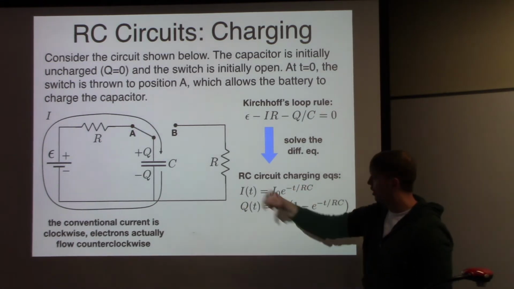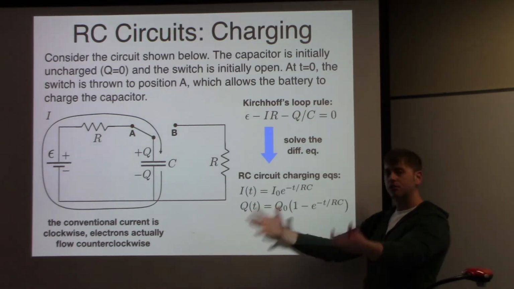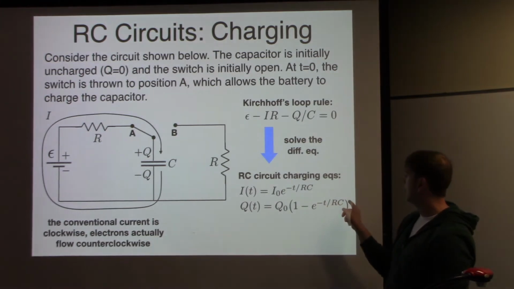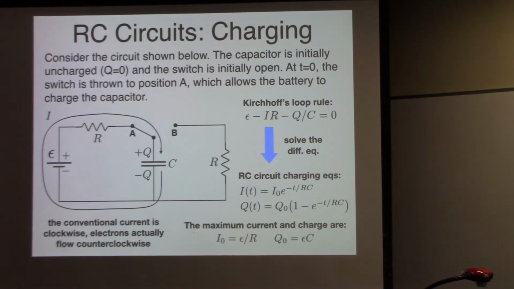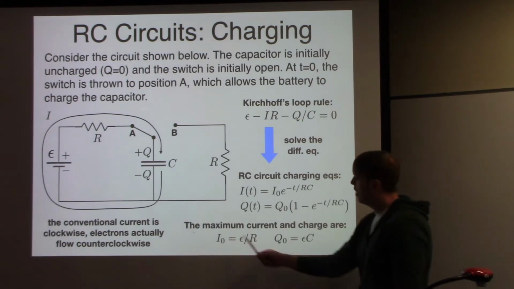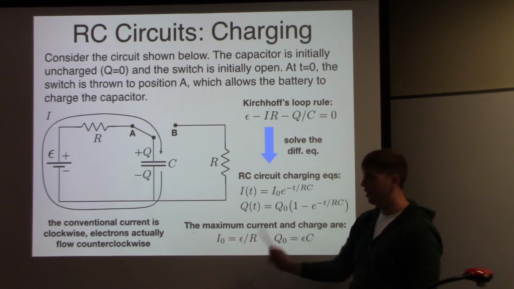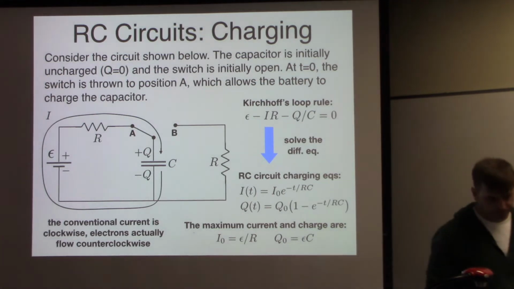Your charge on the capacitor as a function of time is Q naught, which is the maximum charge, times 1 minus e to the minus t over RC, just like this. And just to recall what we just said, the values for I naught and Q naught are as follows. Maximum current, epsilon over R. Maximum charge, epsilon times C.